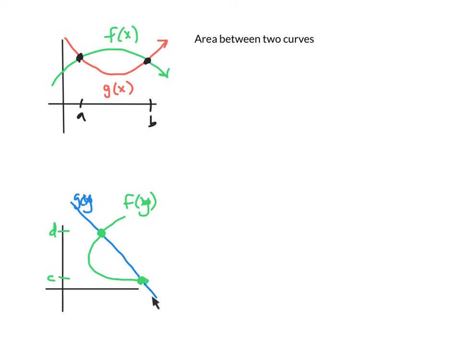But we can use right minus left. And notice this is f of y and g of y. They're not in terms of x. This one is in terms of y. All right?